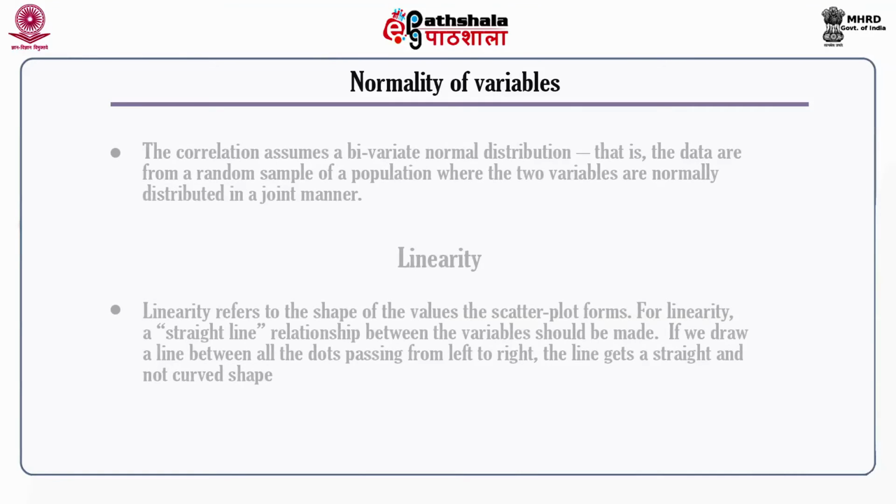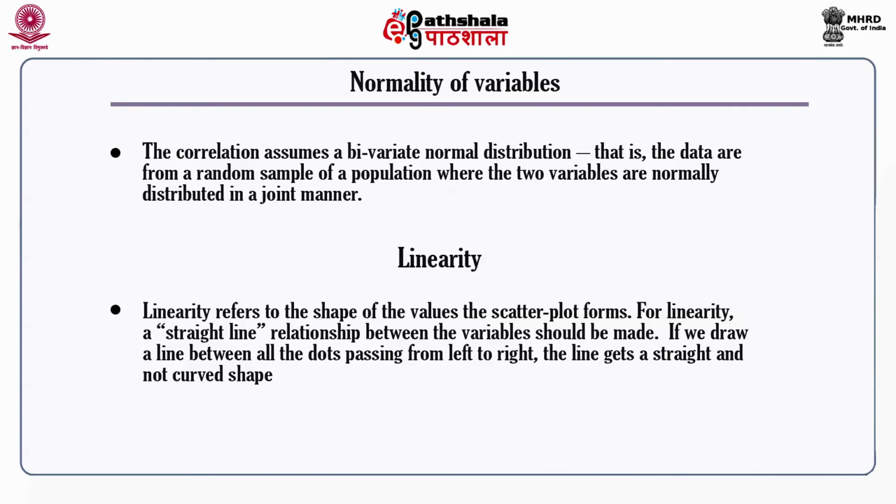Normality of variables. The correlation assumes a bivariate normal distribution, that is, the data are from a random sample of a population where the two variables are normally distributed in a joint manner.